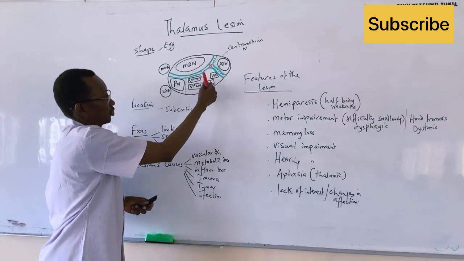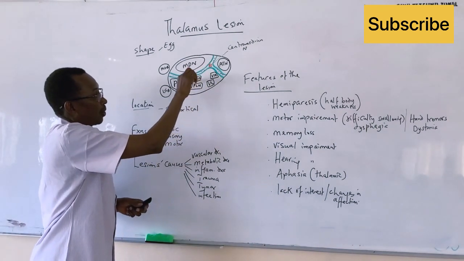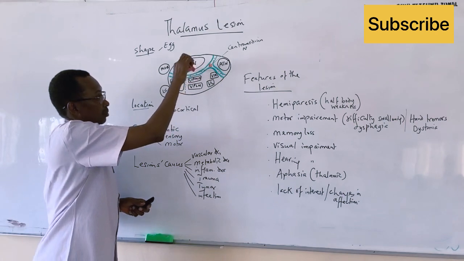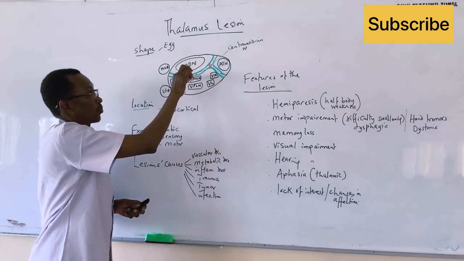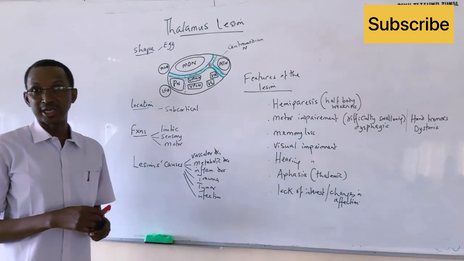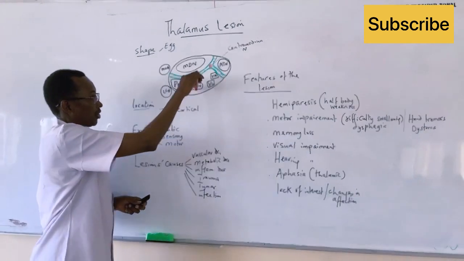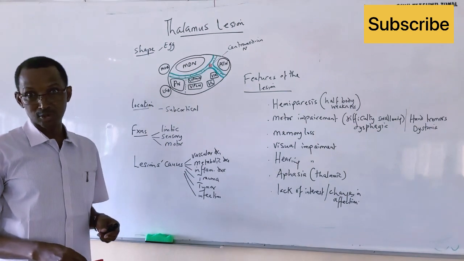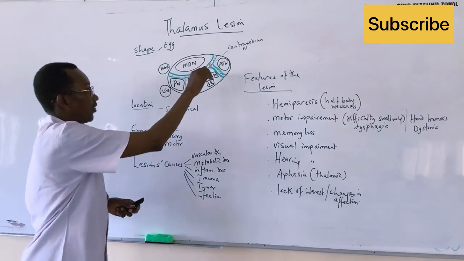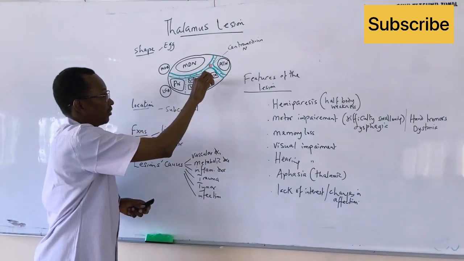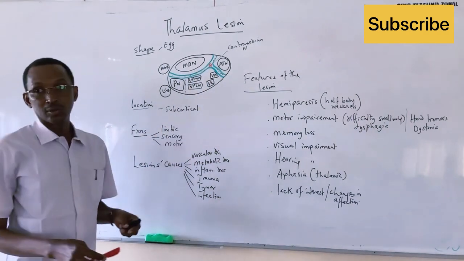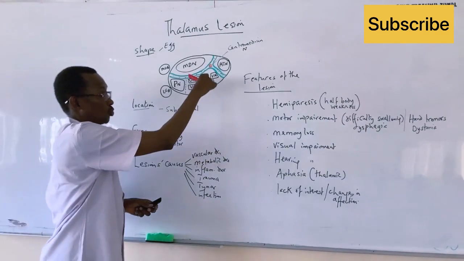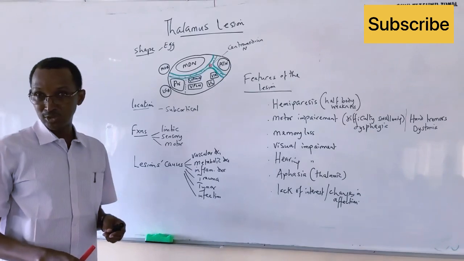Then on the posterior part of these 2 nuclei, we have one on the medial side, the ventroposteromedial nucleus of the thalamus, and the other that is lateral, the ventroposterolateral nucleus of the thalamus. The ventroanterior and ventrolateral group of nuclei are responsible for the motor functions of the thalamus.